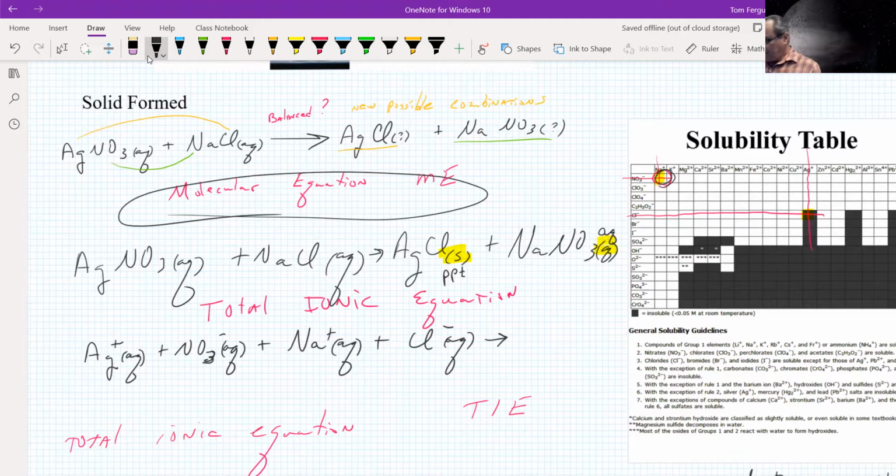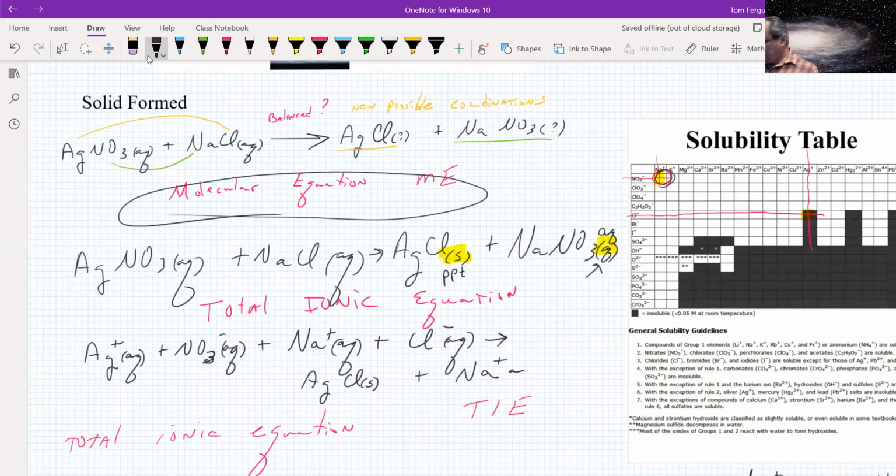So we end up with, now on a total ionic, if it forms a solid, liquid, or gas, it's together. If it's an AQ, it's apart. So the AQ here, those are apart. So that's the total ionic equation.